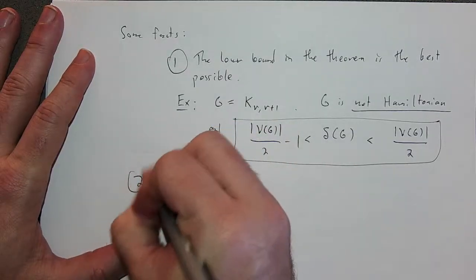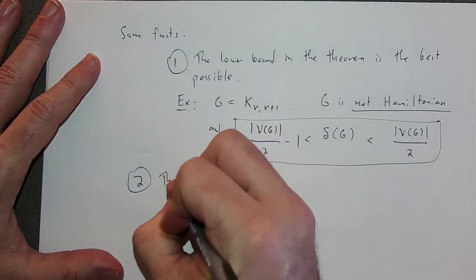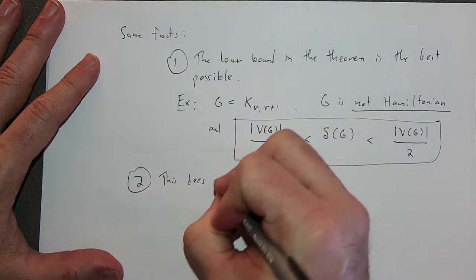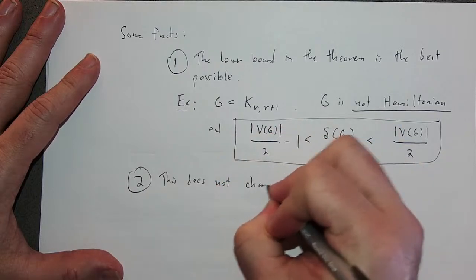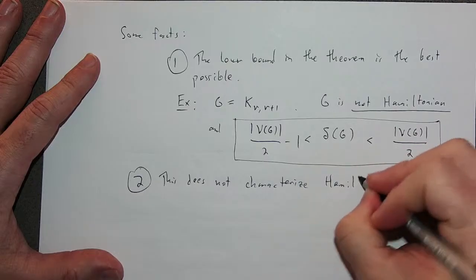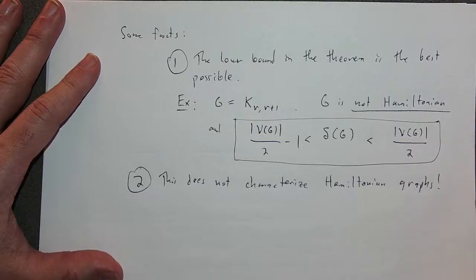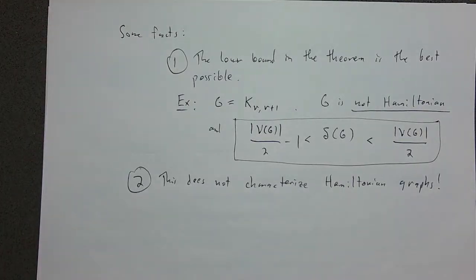Second, as I said, this does not characterize the Hamiltonian graphs. As I keep beating you over the head with, unlike the Eulerian case, where you had a complete characterization, an if and only if statement, an Eulerian graph has to have all even degrees of all the vertices.